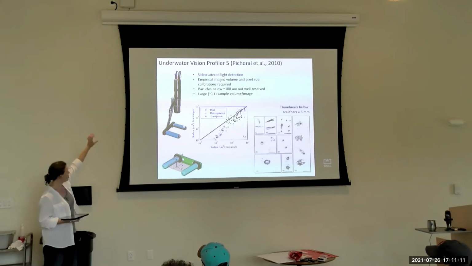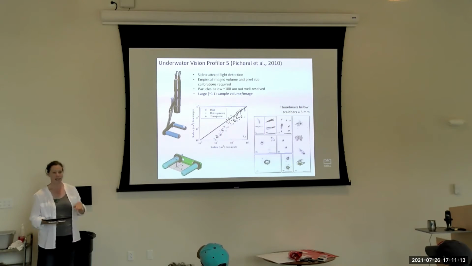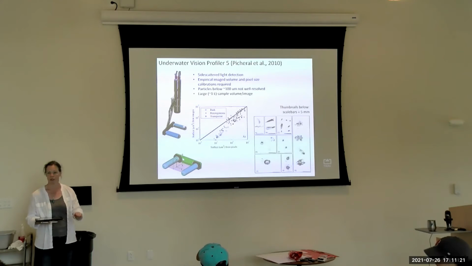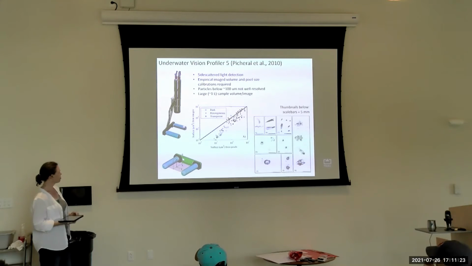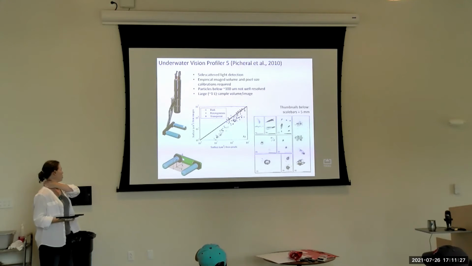So the lens that's being used here has to have a much larger depth of focus to be able to keep everything within that 3 centimeters in focus. It's got a much lower numerical aperture and a greater distance that it's working through.